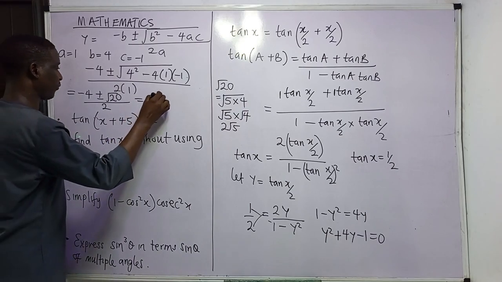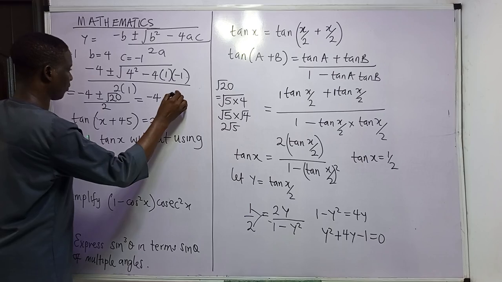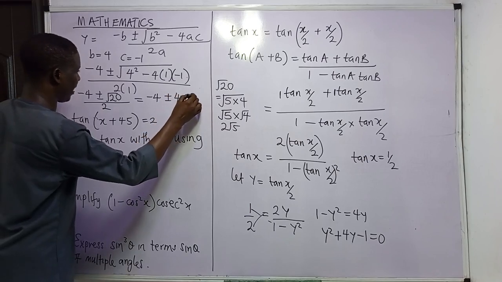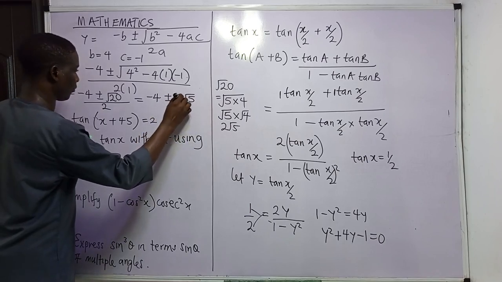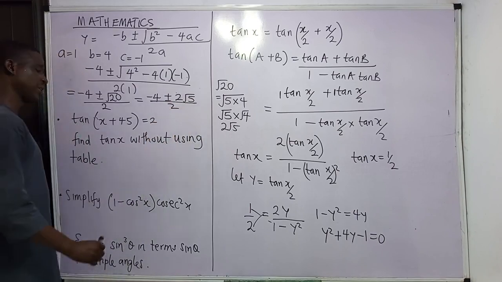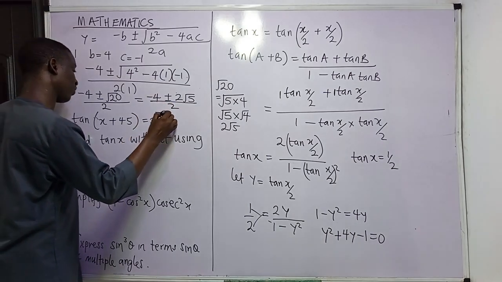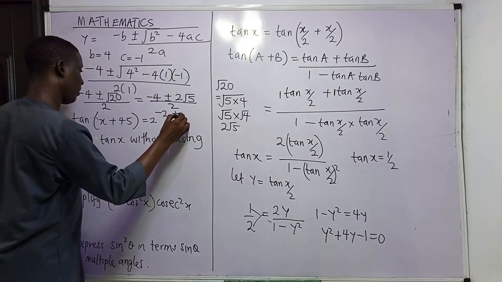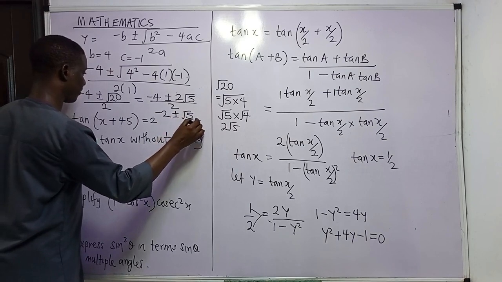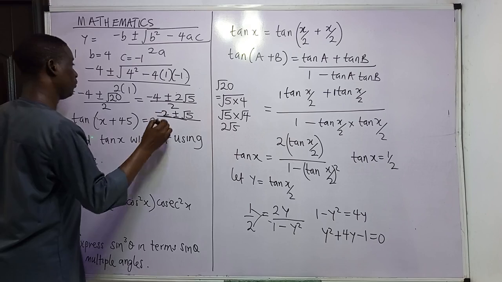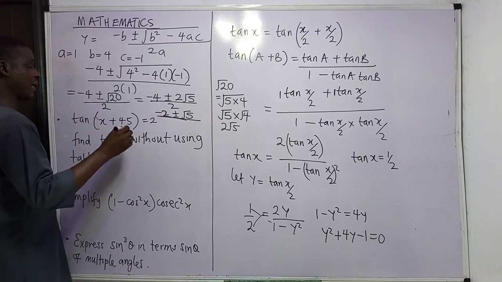So we have minus 4 plus or minus, no, sorry, 2 root 5 divided by 2. If you divide by 2, our answer will be minus 2 plus or minus root 5. So these are the two values I'm going to have for y.